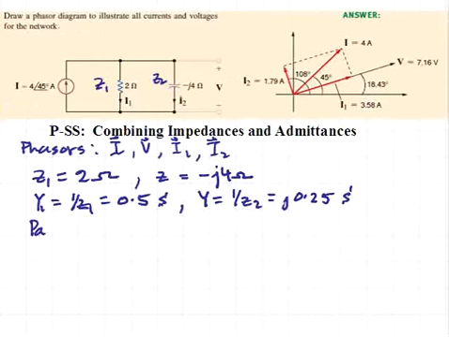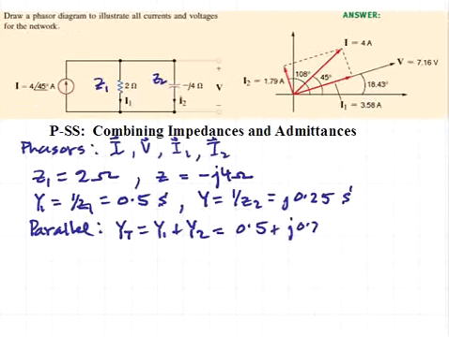For the two elements in parallel, we can say that the total admittance YT is equal to Y1 plus Y2, and this will be equal to 0.5 plus J 0.25 Siemens.